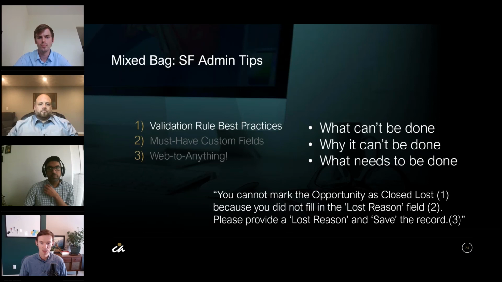Please fill in the lost reason and click save. So a huge impact on user experience and number of requests that an admin might get. And then obviously, in any scenario possible, have that validation rule highlight any field that would be in question. So in this case, try to highlight the lost reason field.